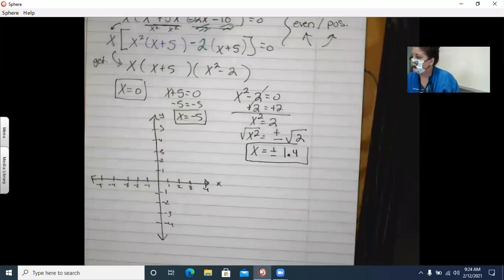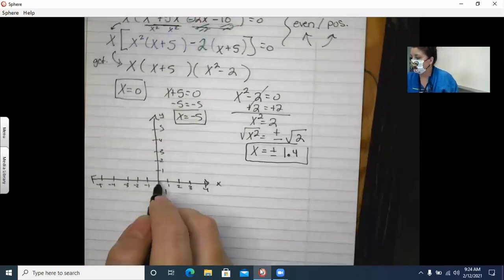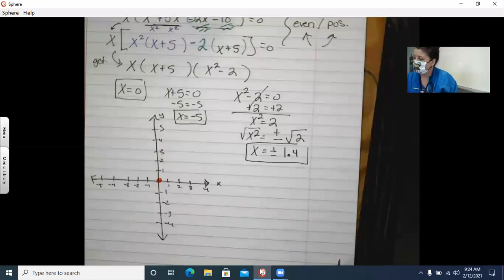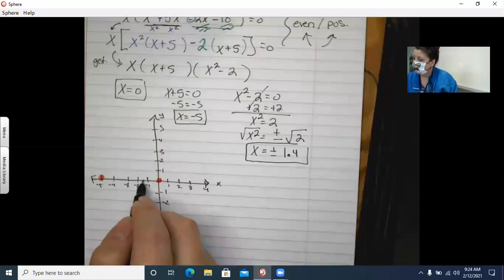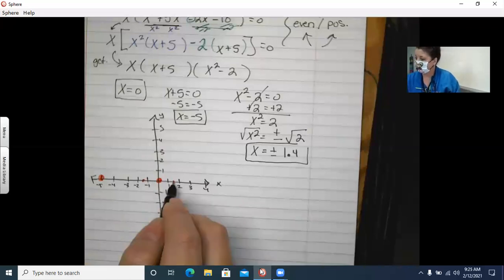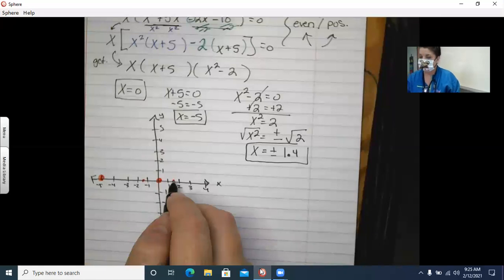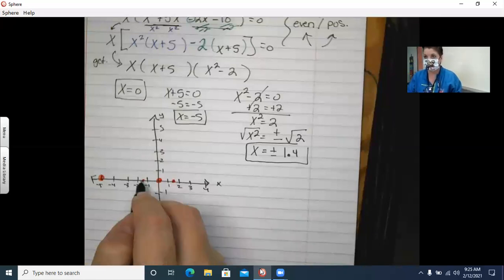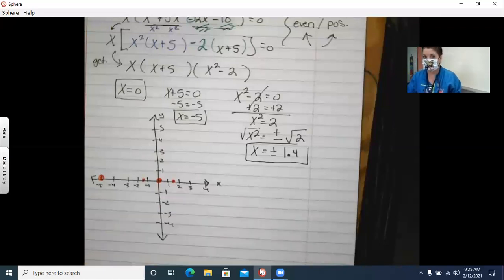All right, y-intercept was 0, and I had an x-intercept at 0 too, so those points are the same. I also have an x-intercept at -5, at -1.4, and at positive 1.4. Y'all cool with that?